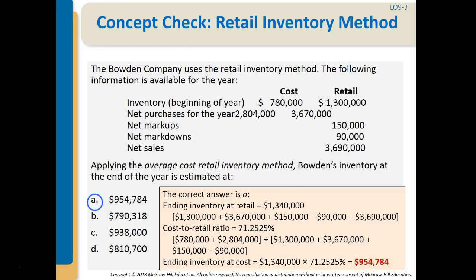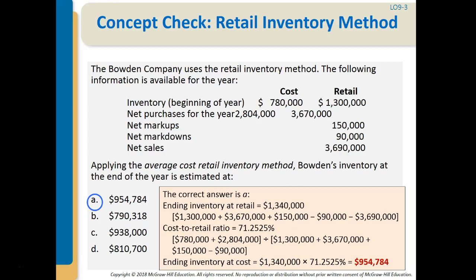So, the way we'll figure this out is we start with our ending inventory at retail, the $1,340,000. We get that from our beginning inventory at retail plus our purchases plus our markups minus our markdowns minus our net sales. So our cost to retail ratio we find is 71.2525%.